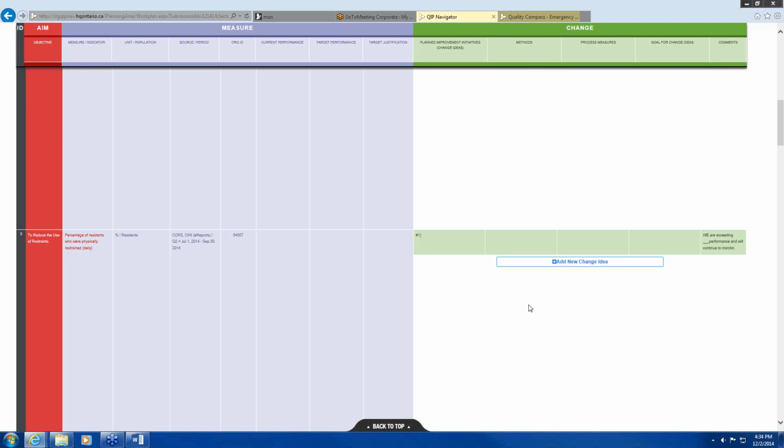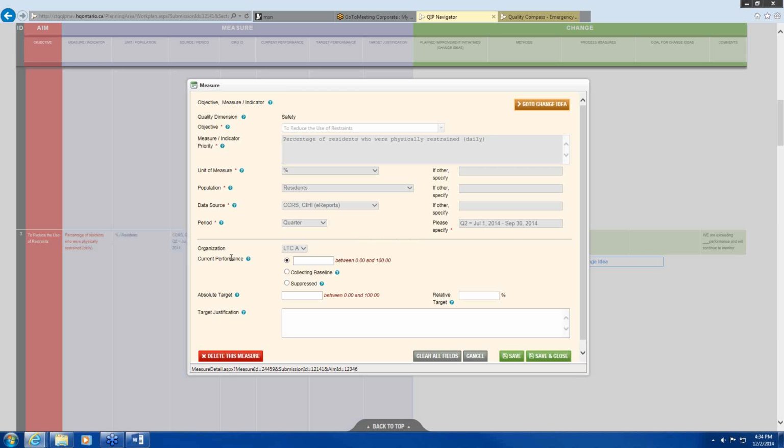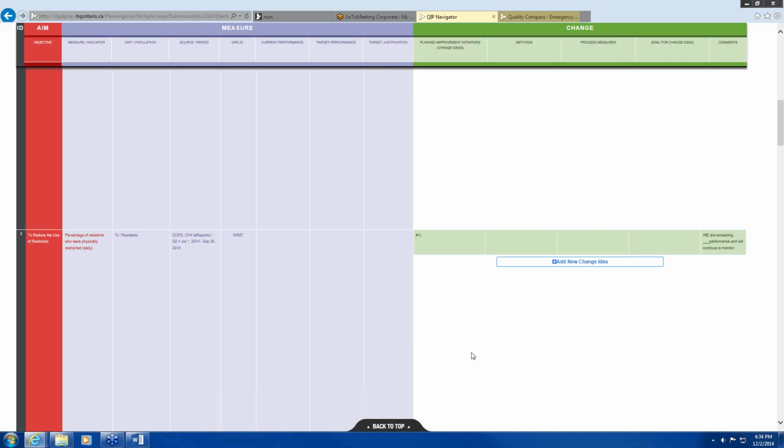Okay, so go ahead, Marg, and you can go into another one and partially complete it so we can show. But before you go there, go into the absolute target and relative target and talk about those so people will understand what we're talking about.